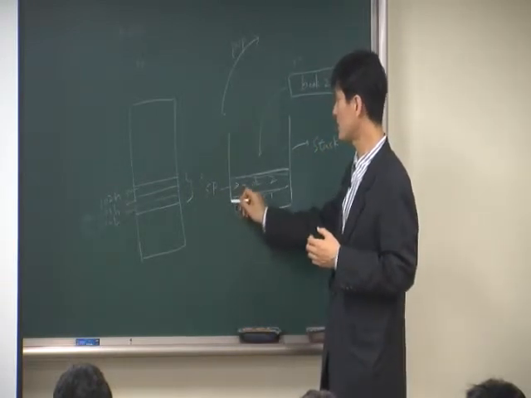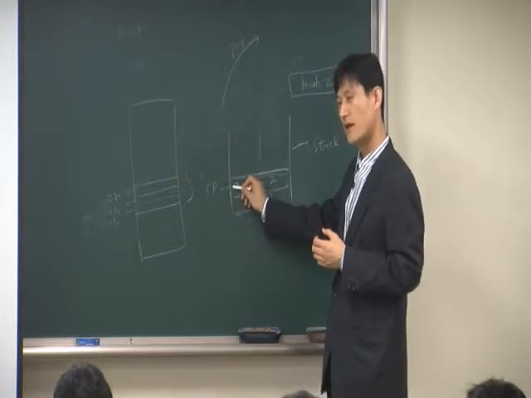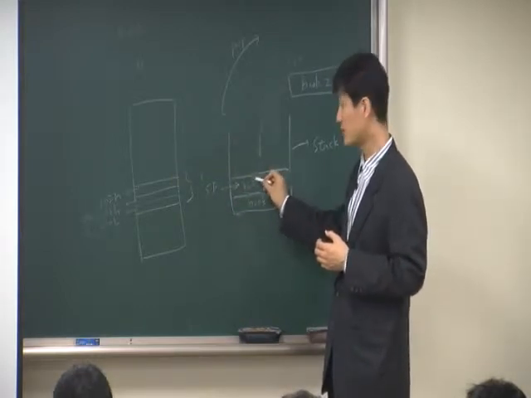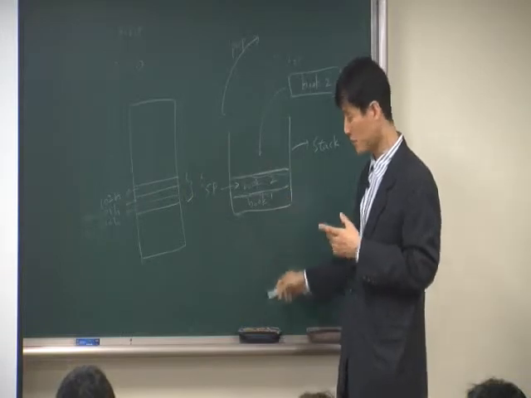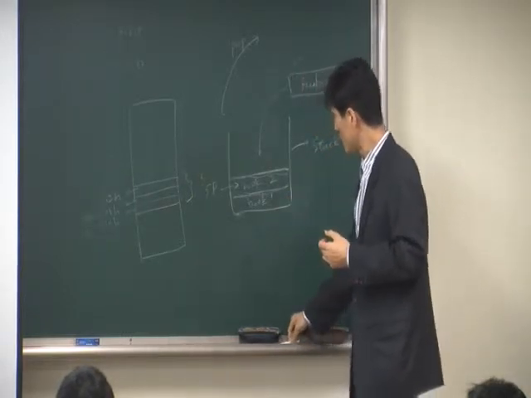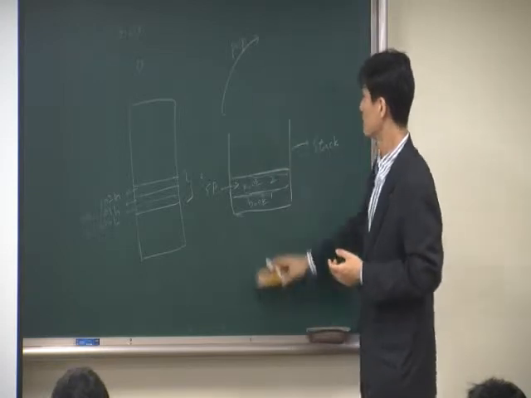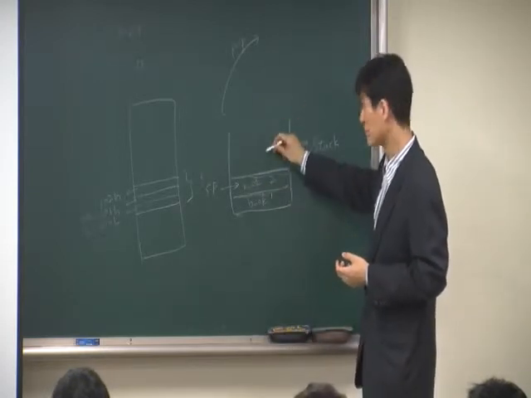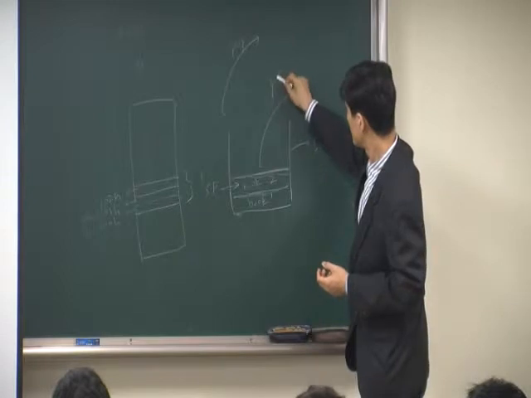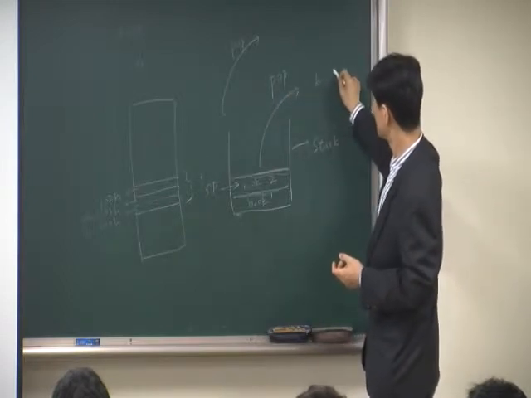Now my stack pointer is incremented and pointing to book 2, because this is the bottom. That's how it works. And now let's say later I want to pop this value out, pop book 2.